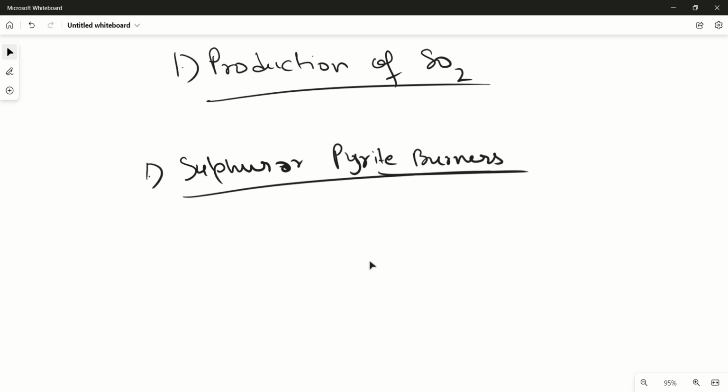When sulfur is burnt in air, it burns with a pale blue flame, forming sulfur dioxide and traces of sulfur trioxide. Just traces. It's not significant at all and cannot be used.